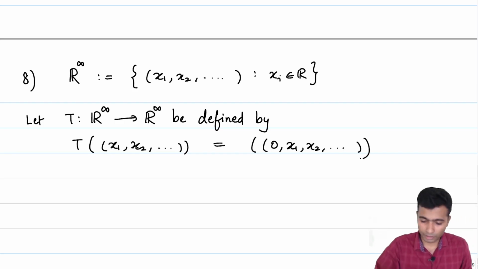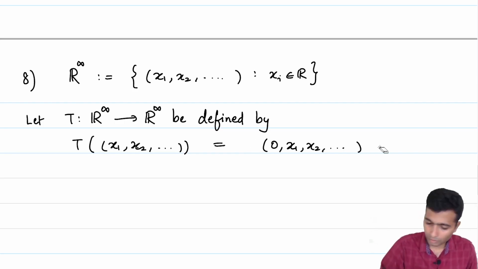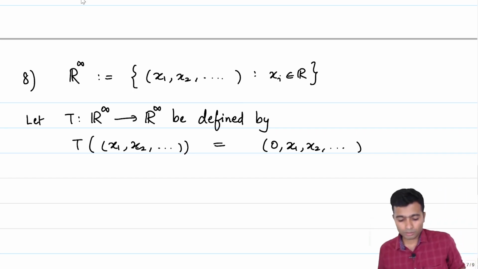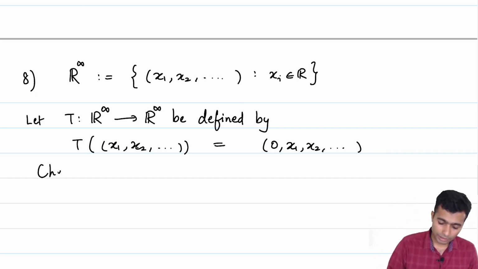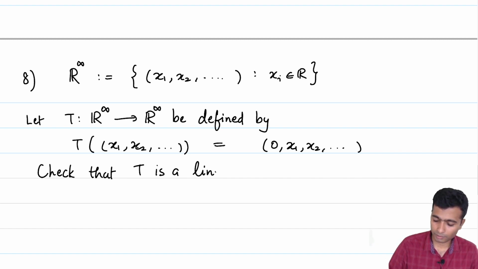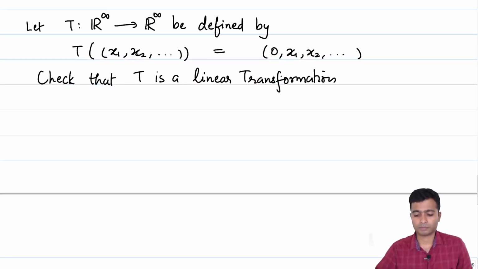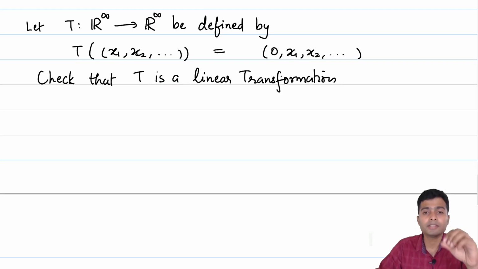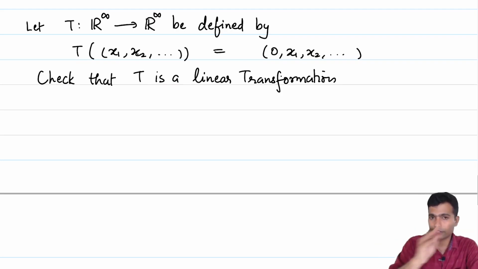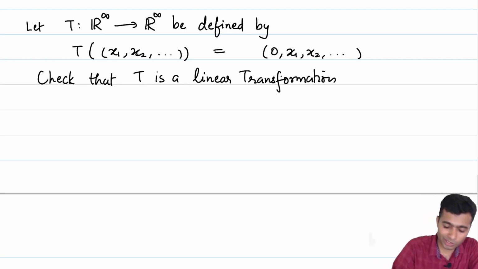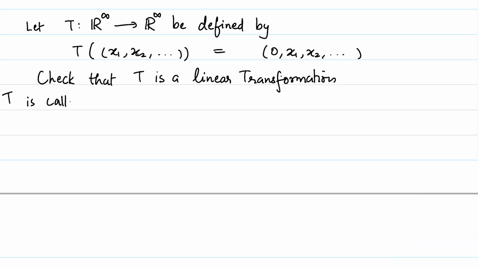Check that T is a linear transformation. T is called the right shift operator. It shifts the vector to the right.